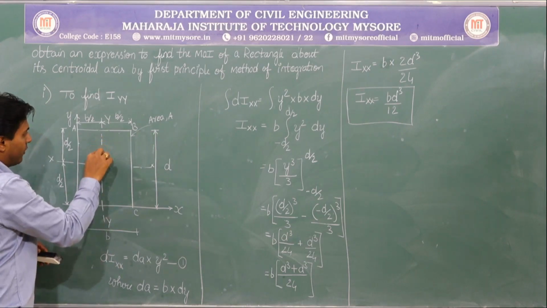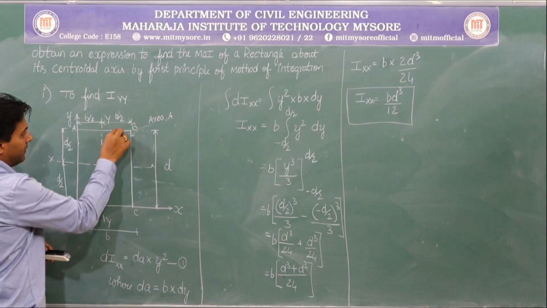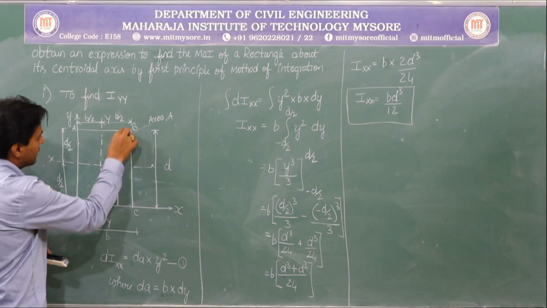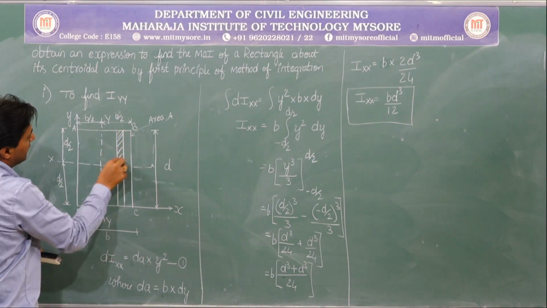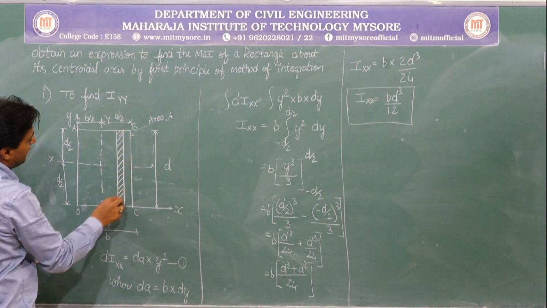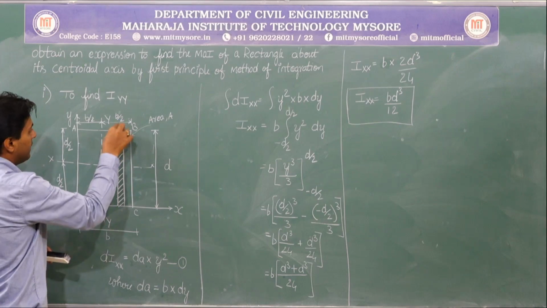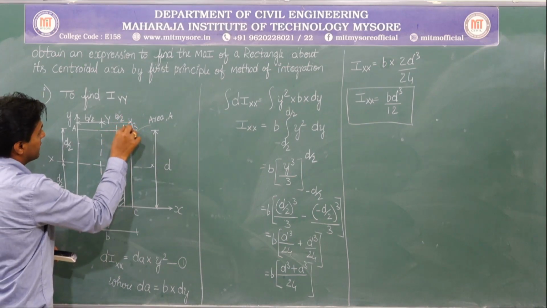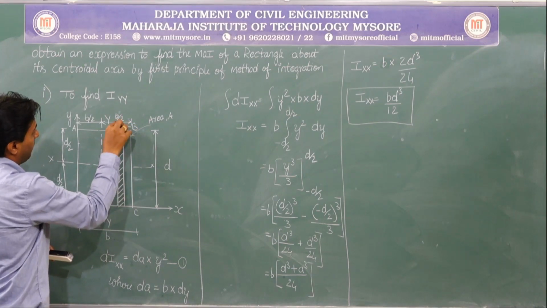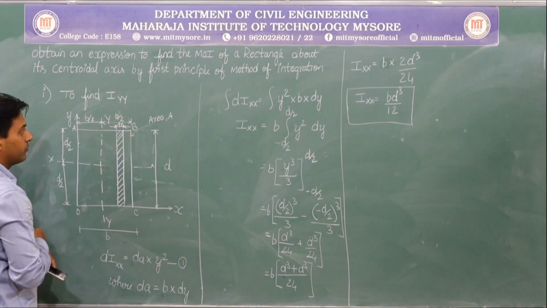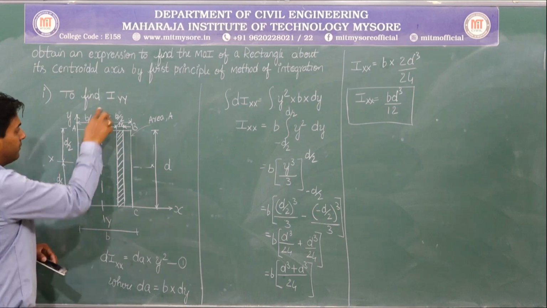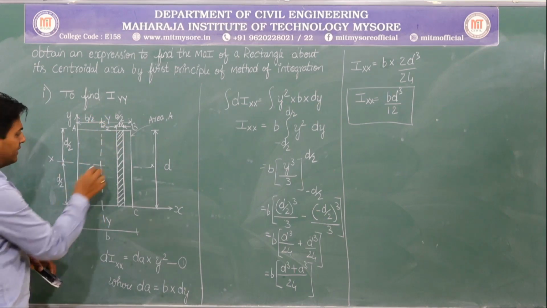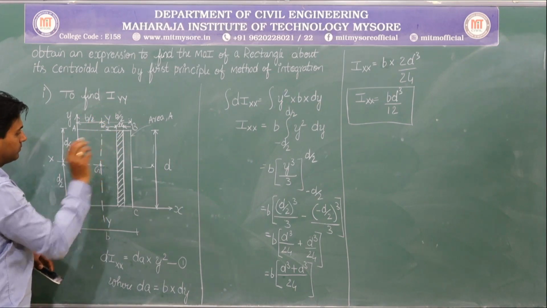As I want it about the y axis, I will consider an elemental strip in the y direction. Please be careful. Let the thickness be dx, at a distance x from the y axis, and this is the centroid G.